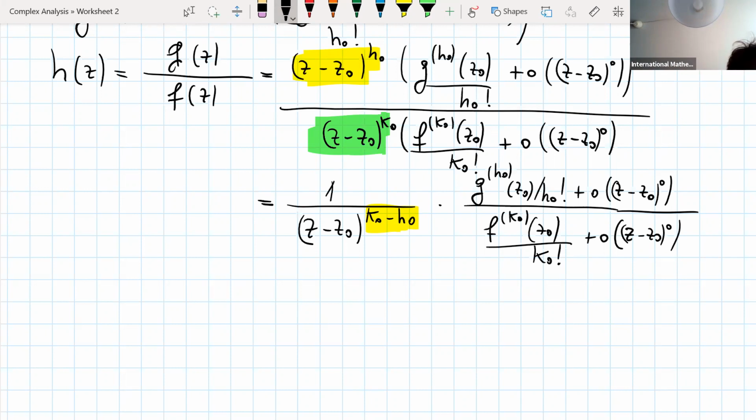So if k0 is less or equal than h0, then the singularity is removable.